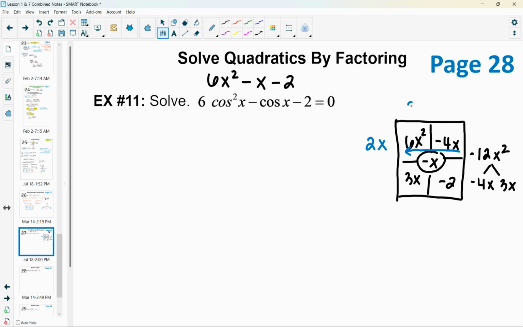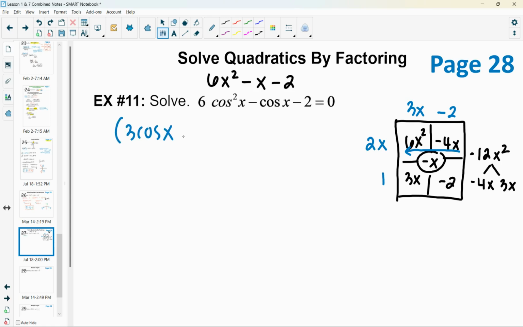So then 2x times 3x gives us 6x squared. 2x times -2 gives us -4x. 3x times 1 gives us 3x. And then 1 times -2 gives us that -2. So that's how this factors, but remember, it's not an x, it's a cosine x.